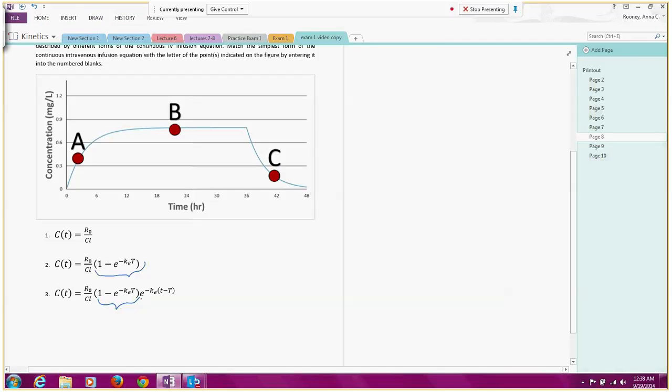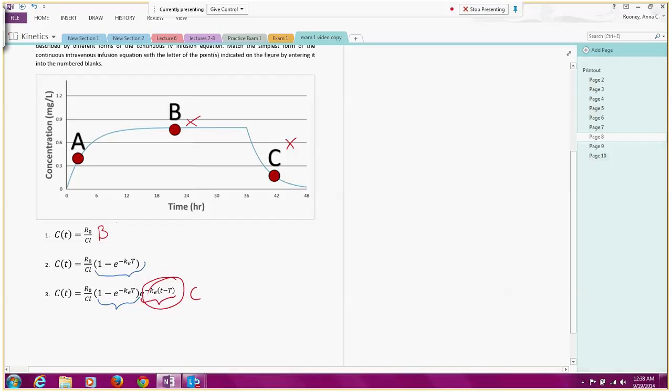Here's the elimination factor. What part of this equation on this chart is there elimination happening? The elimination is happening here. So just because you see this, you automatically know that that's going to be C, because that's elimination. What part is concentration steady state? Well, concentration steady state is right where it's flat. That's right here. So that one is going to be B.